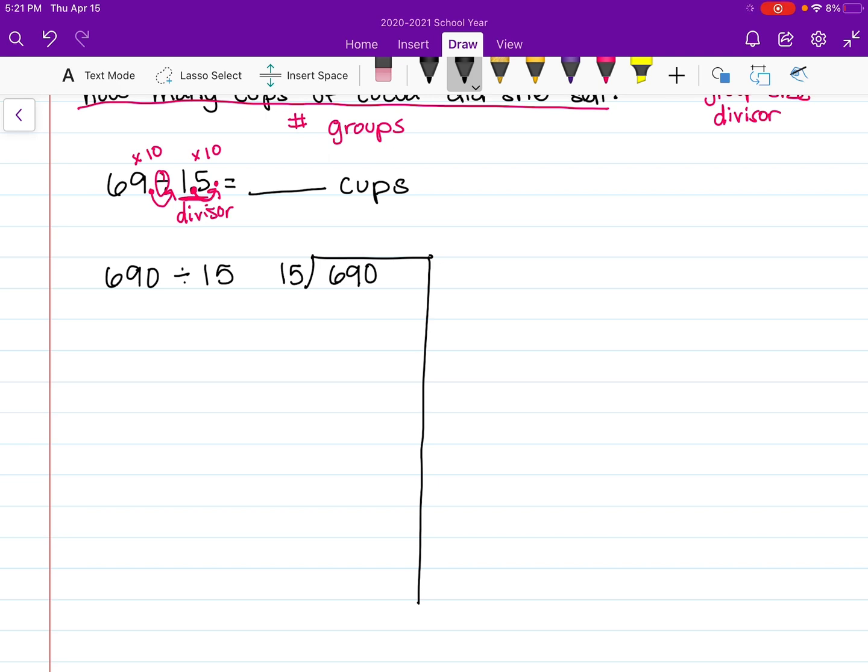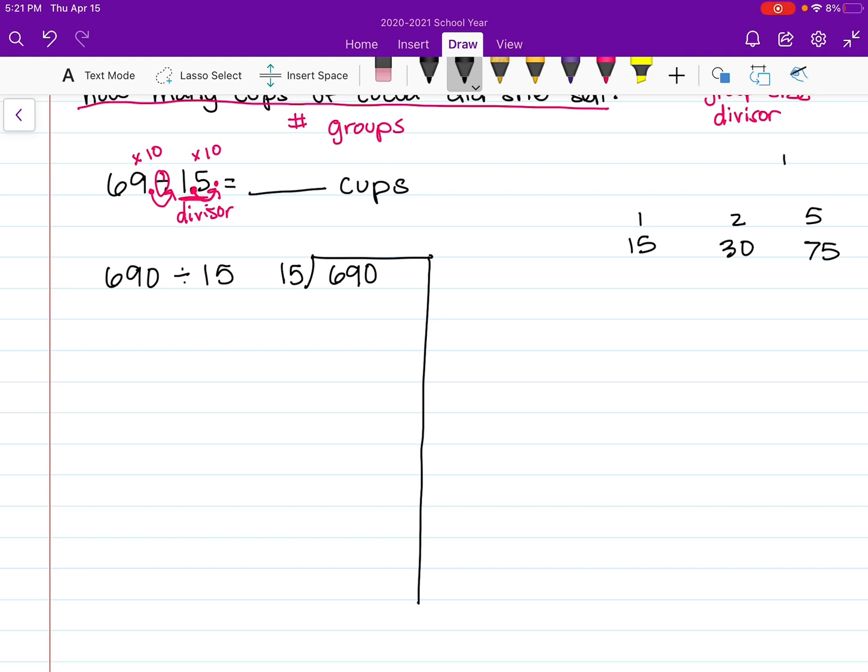So I'm going to build my number bank. 1 times 15 is 15. 2 times 15 is 30. And 5 times 15, well, if 2 times 15 is 30, 4 times 15 has to be 60. And then 60 plus 15 is 75. So 5 times 15 is 75.